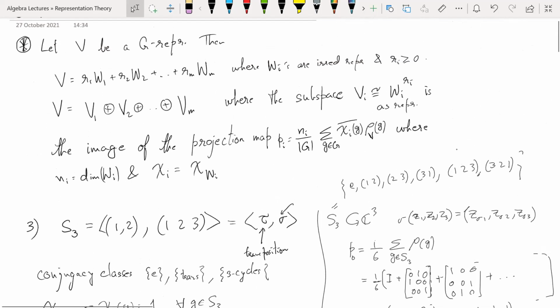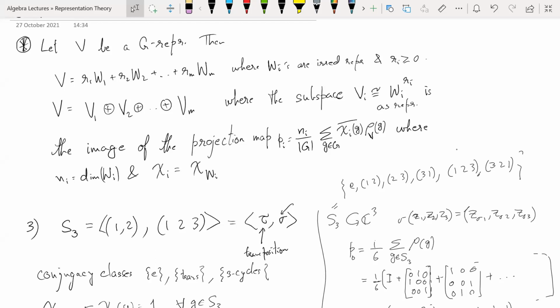Also note that though V1, V2, ..., Vm are invariants of V, which you can read out using these projection maps, there is no unique way of decomposing, say, V1 into R1 copies of W1. It's like if you are given a 5-dimensional vector space, there is no unique way of writing it as the sum of 5 one-dimensional vector spaces.